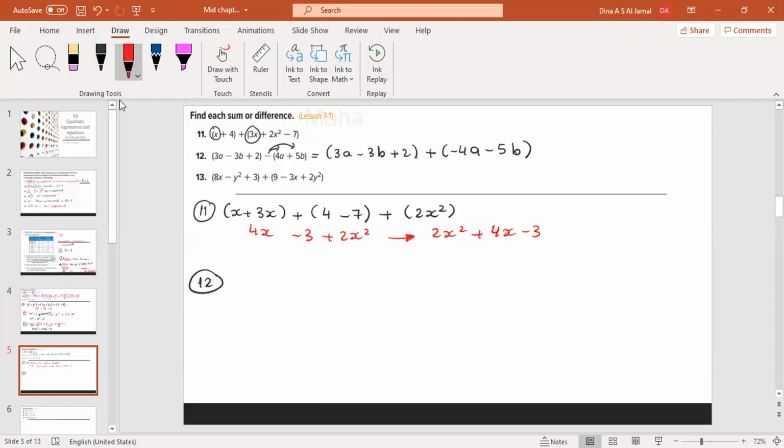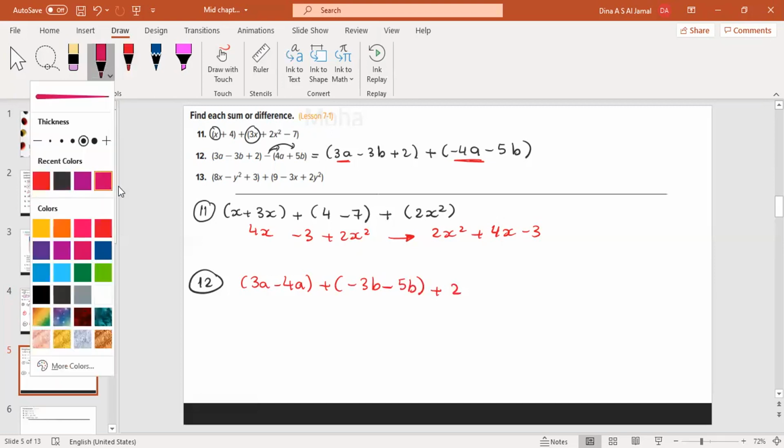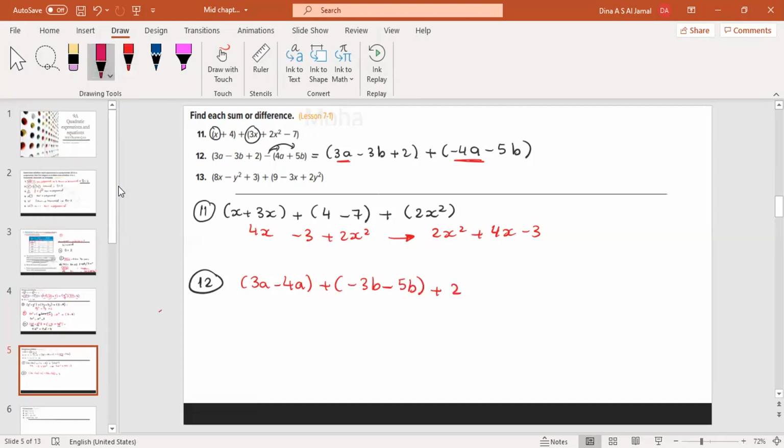So now let's look at the like terms. 3a is having like terms here. 3a minus 4a, then plus minus 3b minus 5b plus 2, which is having no like terms. So 3a minus 4a will be giving you minus a, minus 3b minus 5b will be giving you minus 8b plus 2.